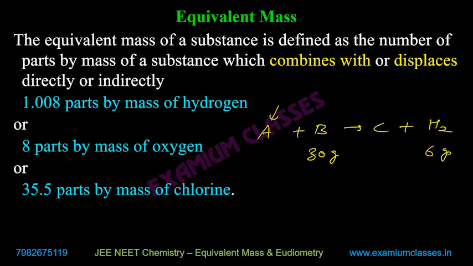So we will say what is the equivalent mass of B. So we will again divide it by 6 to have it 1 gram, 30 divided by 6, 5 grams. So whether it is combining or whether it is being displaced, we will compare the mass of the compound which combines or displaces 1 gram of hydrogen, or in place of hydrogen, if I have oxygen, then I will consider 8 grams. If I have chlorine, I will consider 35.5 grams.